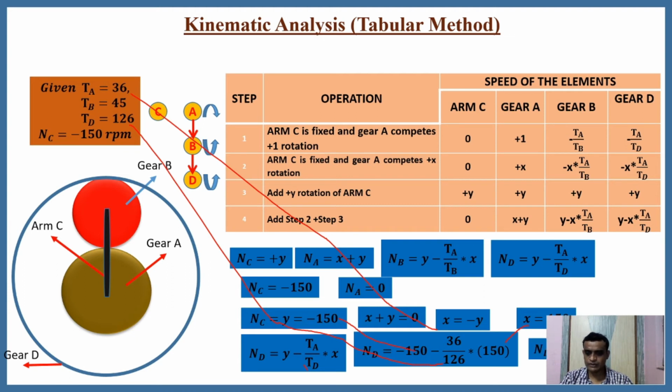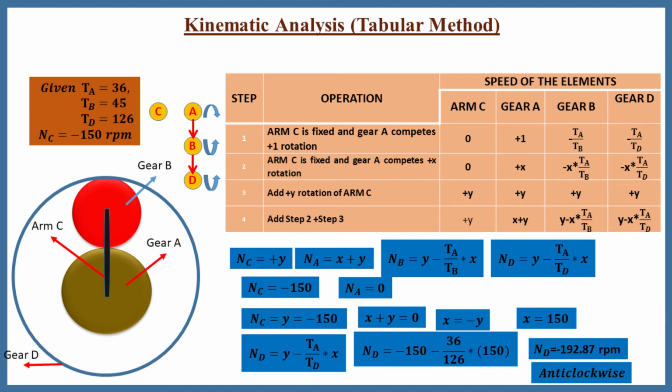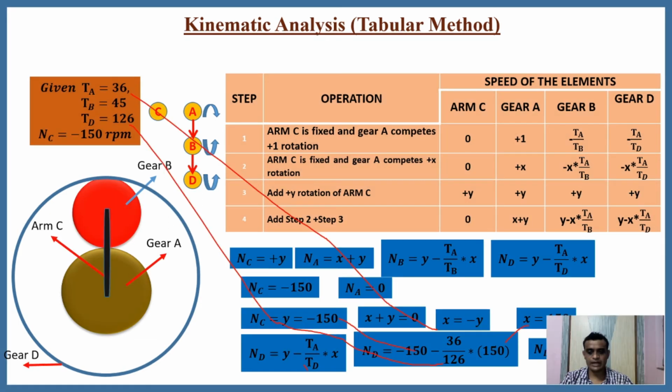By putting all these values, we find the final answer, ND is equal to minus 192.87 RPM. The minus sign signifies that it rotates in the anti-clockwise direction.